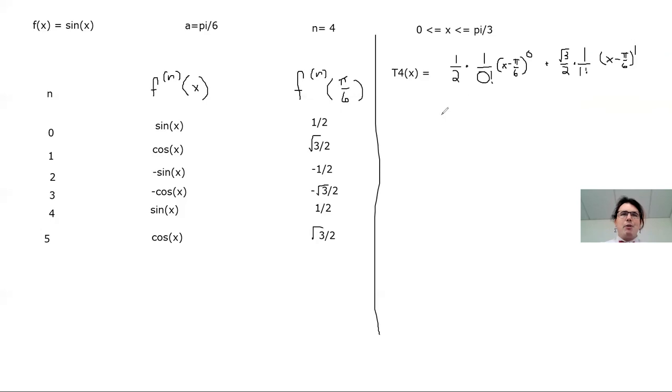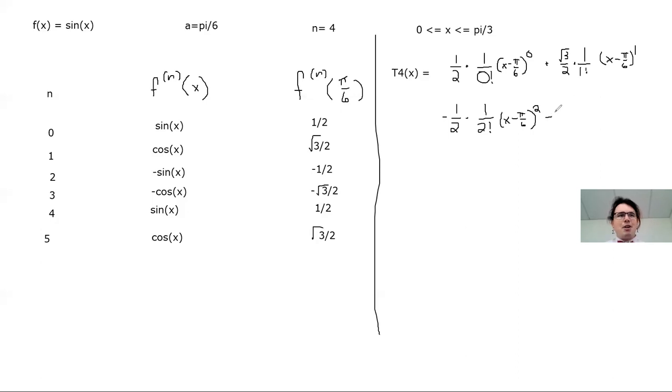The next number I'm going to use is negative. I'll have minus 1/2. I'll multiply this by the fraction 1 over 2 factorial. And I will multiply that by the power term (x minus pi over 6) all squared. So notice that the factorial number corresponds with the exponent here.